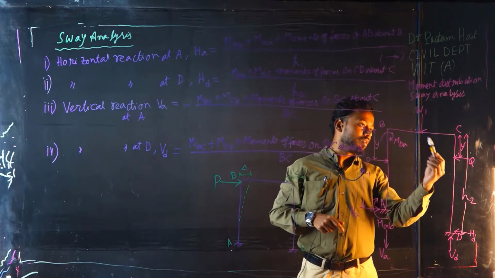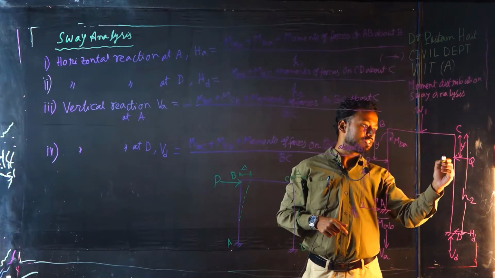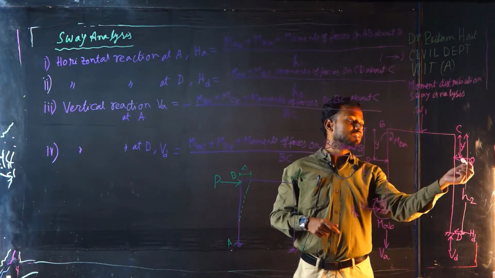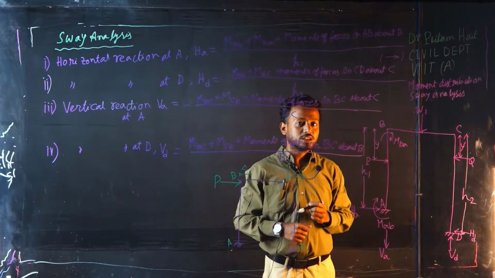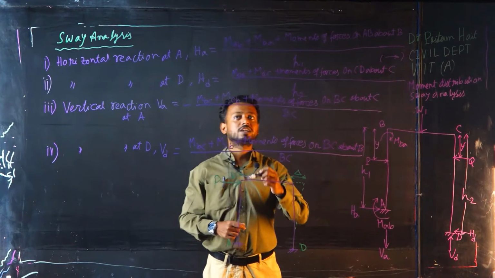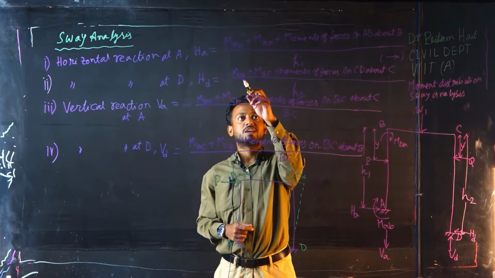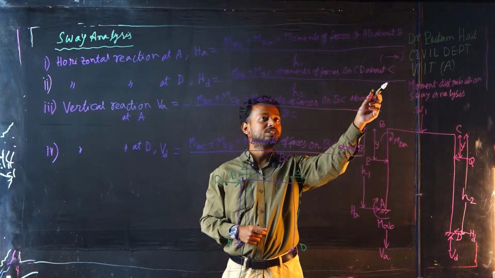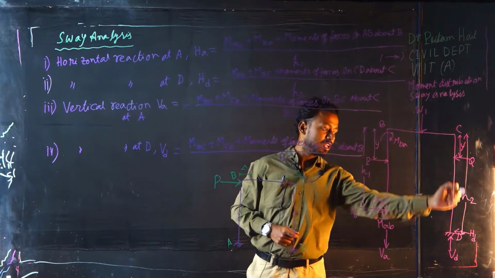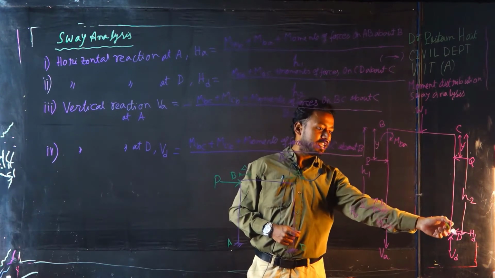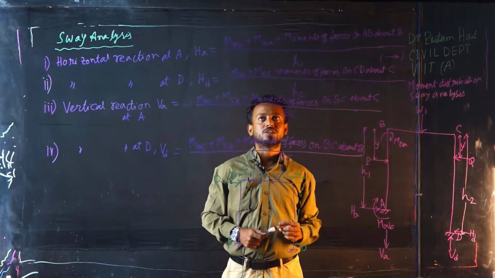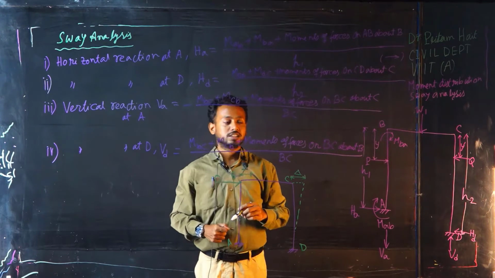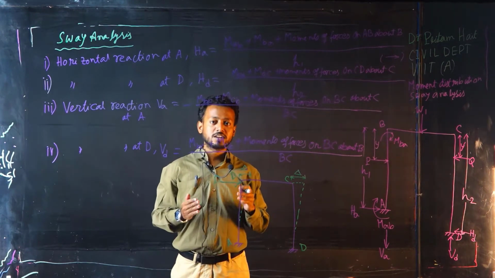So you have to count this clockwise moment, that is Y into Q, so this will be plus Q into Y. In this way you can calculate HD, that is MCD plus MDC plus moment of forces on CD about C divided by H2. The leg height here is H2 and here the leg height is H1. So we calculated HA and HD, that is the horizontal support reactions at A and D.